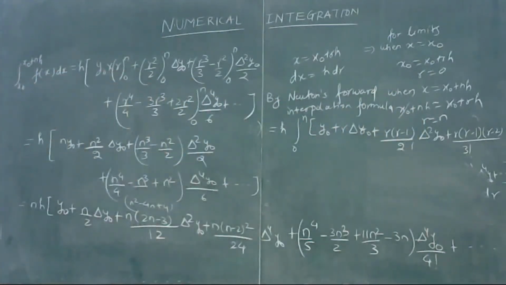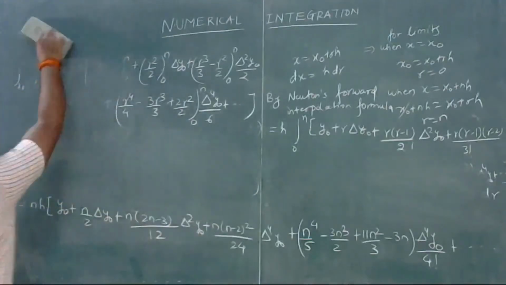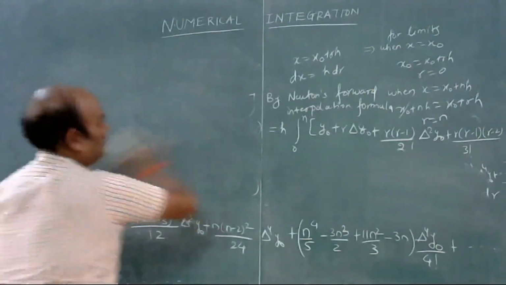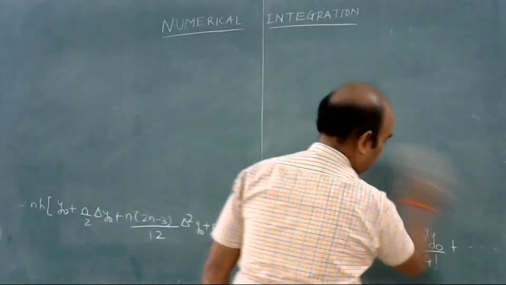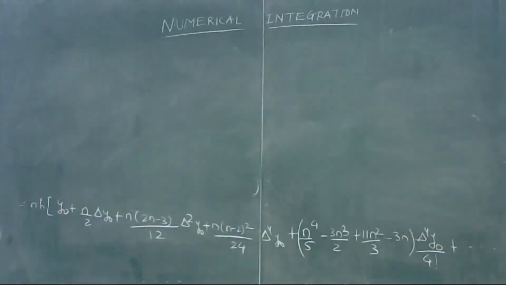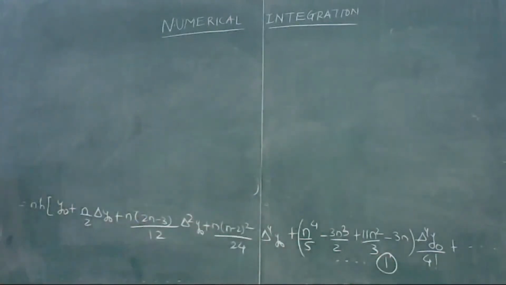Okay, so this is the value of I, the integration I. This is known as the Newton-Cotes quadrature formula. So let's suppose this equation as equation number 1. We will derive some more quadrature formulas using this equation.